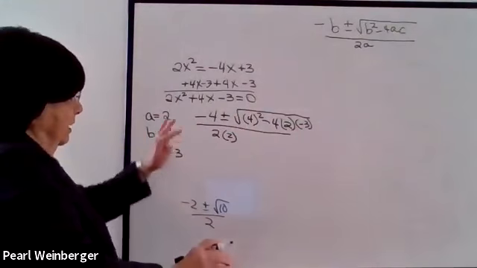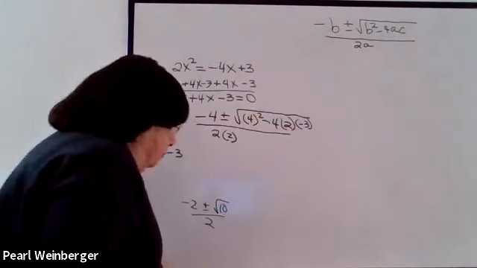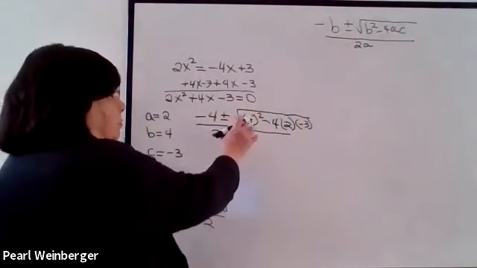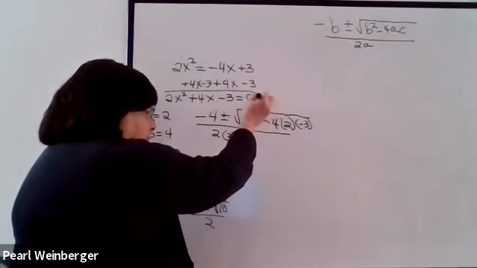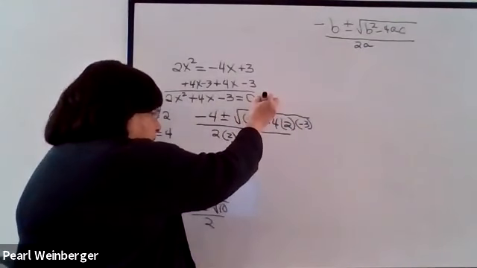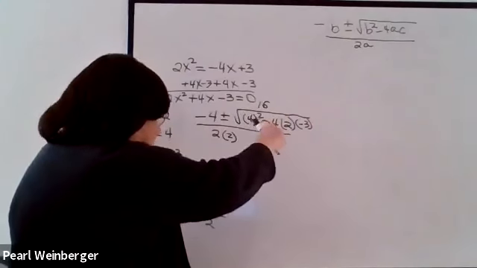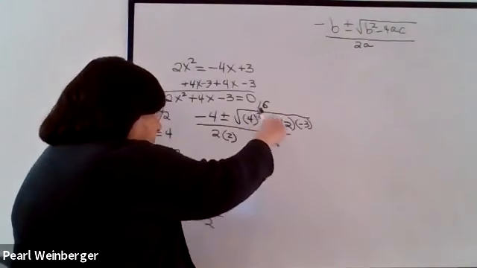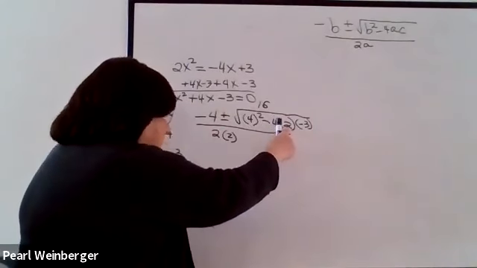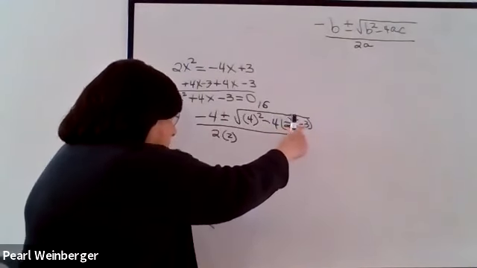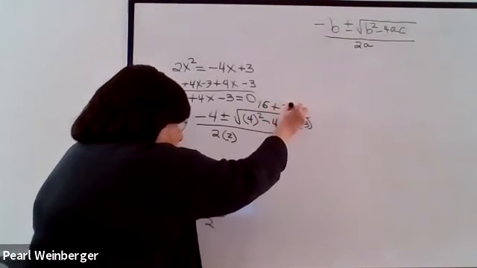And again, that first thing is to get the number that's inside the radical. Now, 4 squared is 16. And now I have negative 4 times 2. There are 3 numbers to be multiplied, and I keep this negative as part of it. Negative 4 times 2 is negative 8. And negative 8 times negative 3 is plus 24.